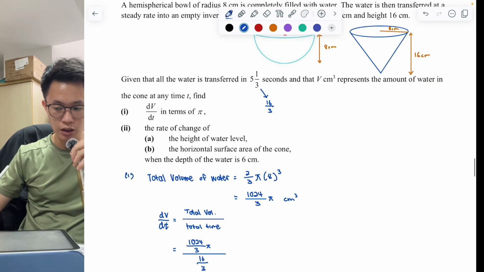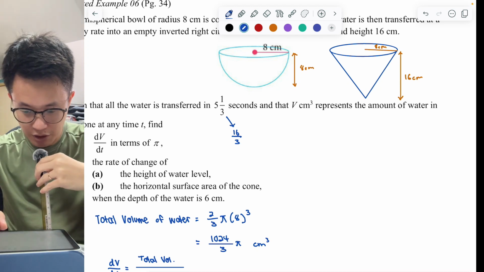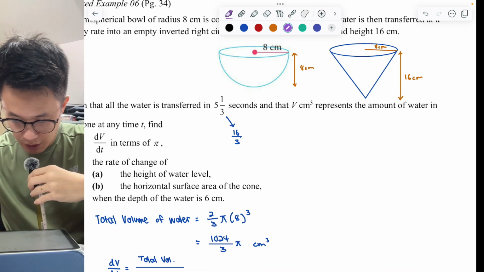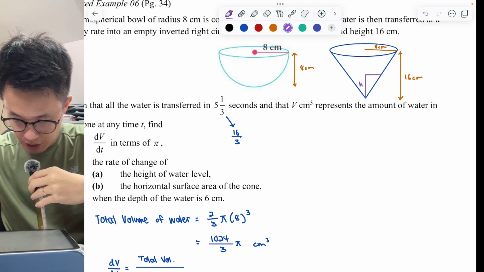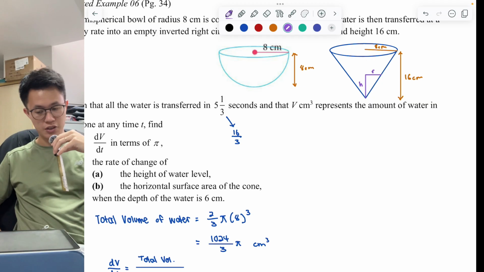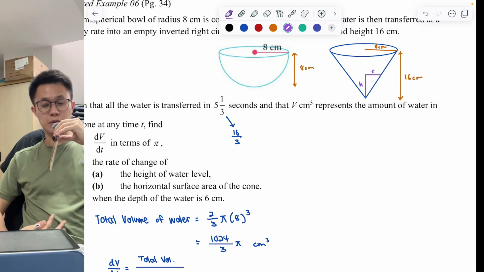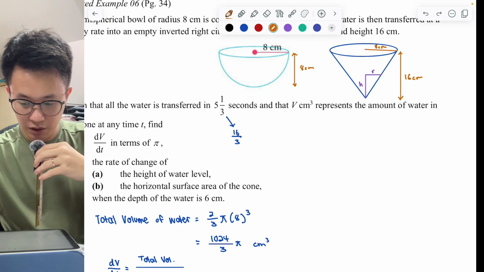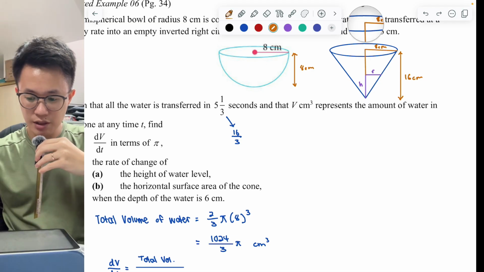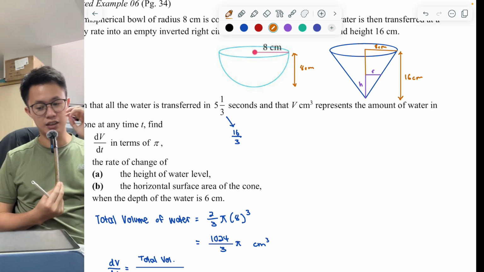What we're going to do is, let's say in this question, at any time I have a height h and a radius r. By proportion, the radius is in fact half of the height, and it increases proportionally.